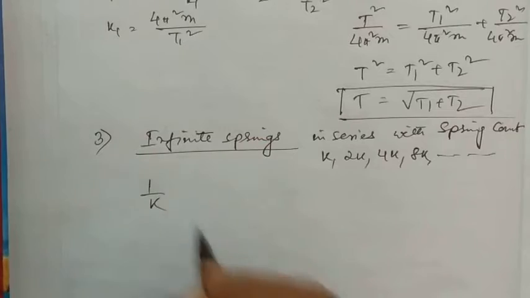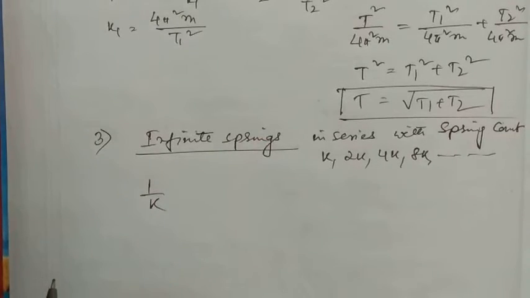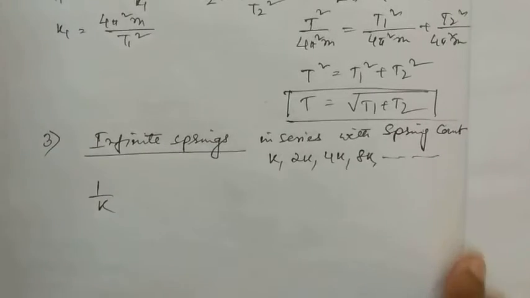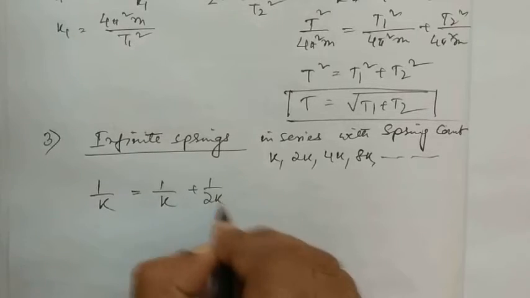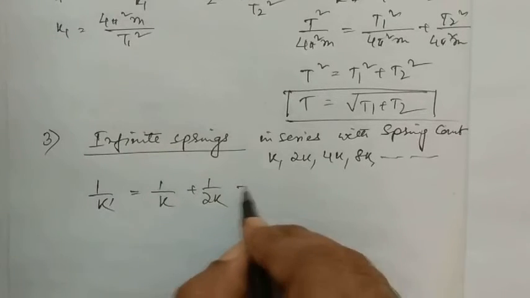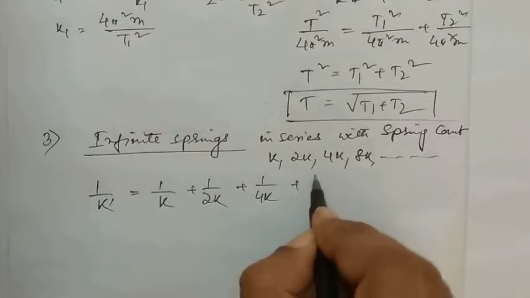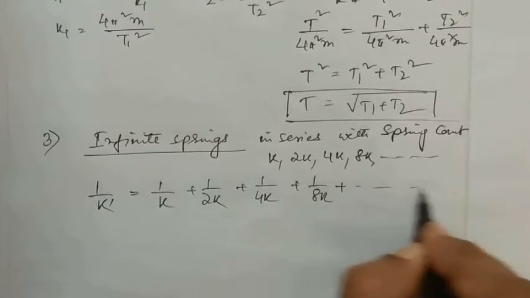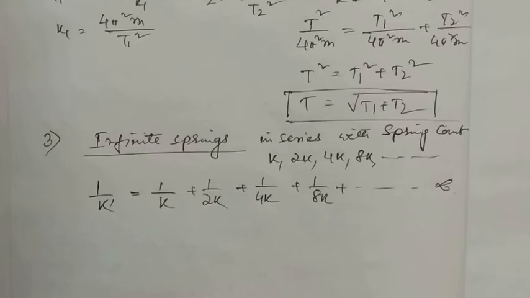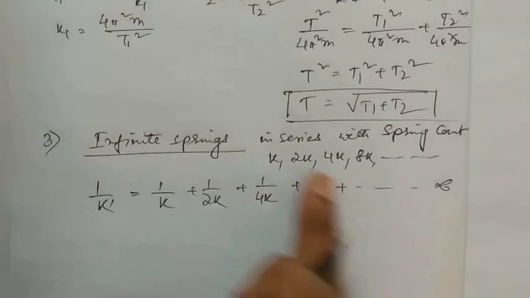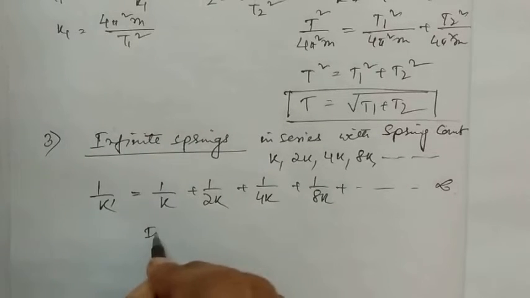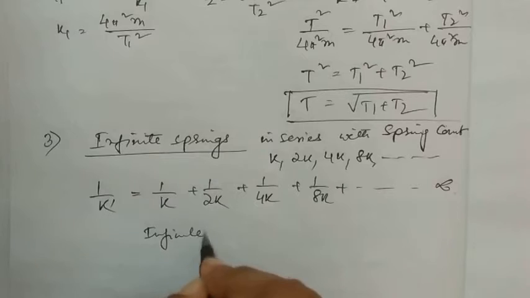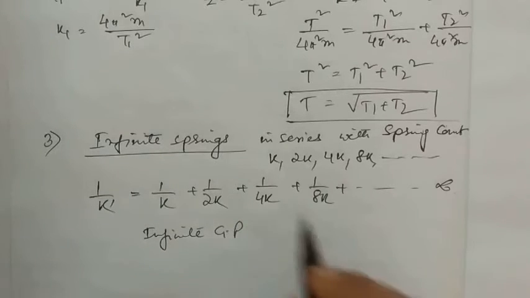So 1 by k dash, or the equivalent of all the springs, is equal to 1 by k plus 1 by 2k plus 1 by 4k, 1 by 8k, and so on up to infinity. Now this we can say is an infinite geometric progression.